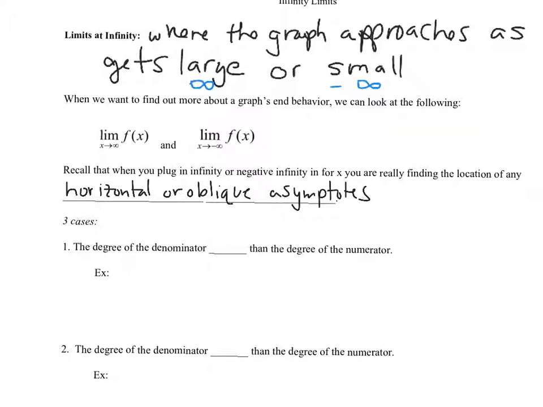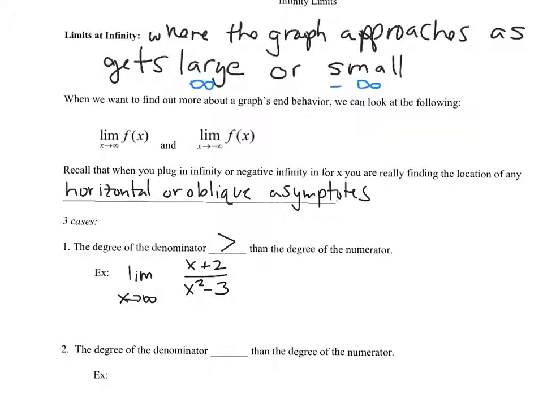The first one is the degree of the denominator is greater than the degree of the numerator. So an example of this might be the limit as x approaches positive infinity of x plus 2 over x squared minus 3. The degree of the top is 1, the degree of the bottom is 2.